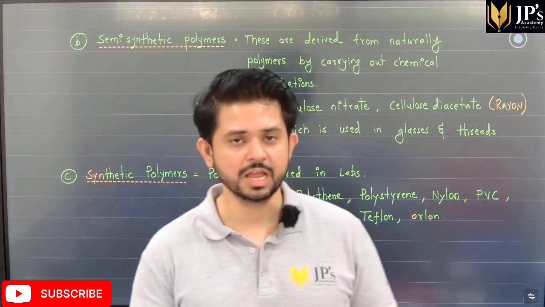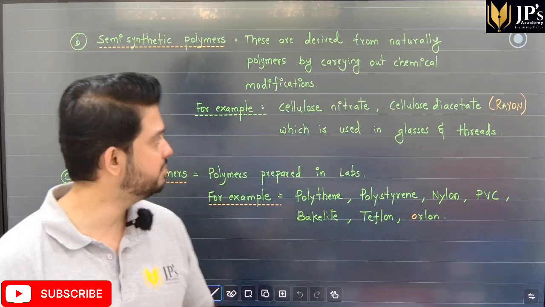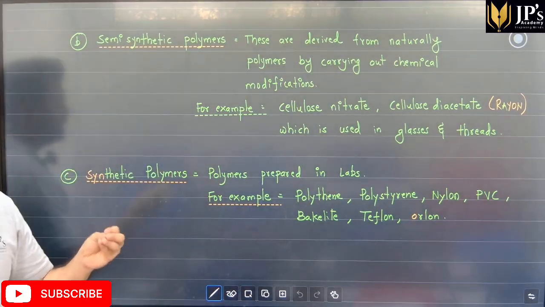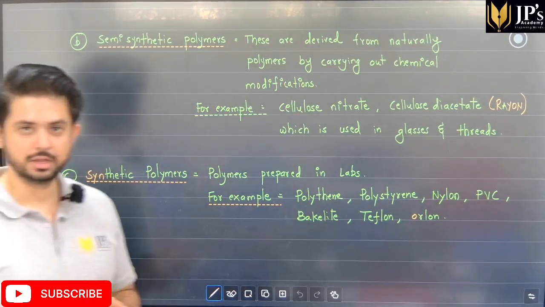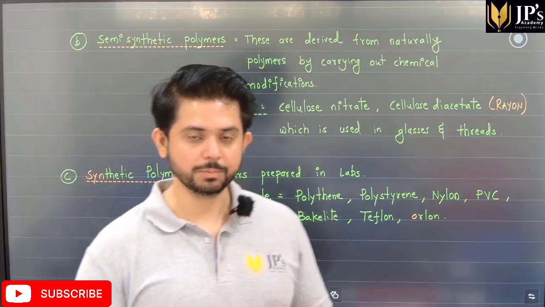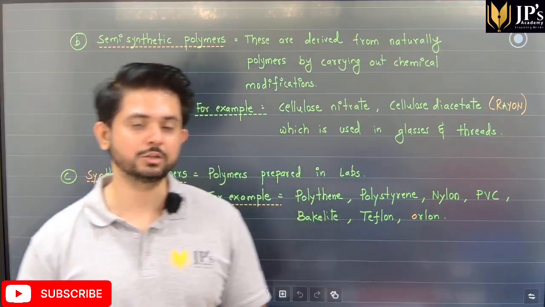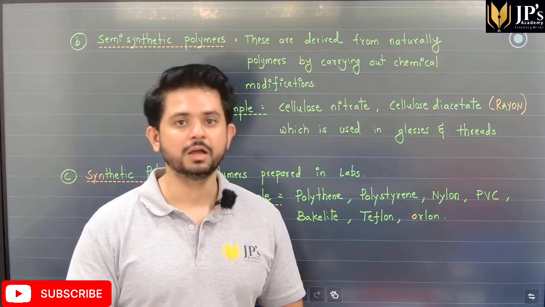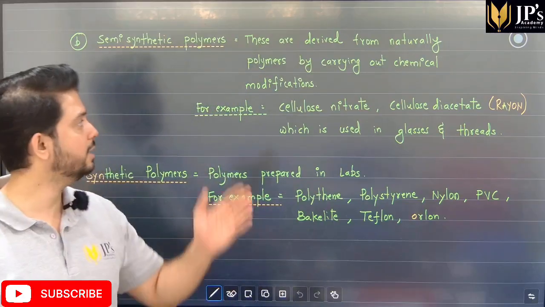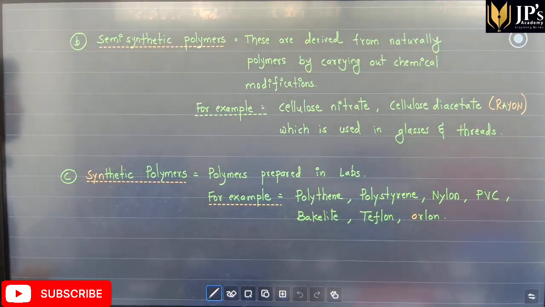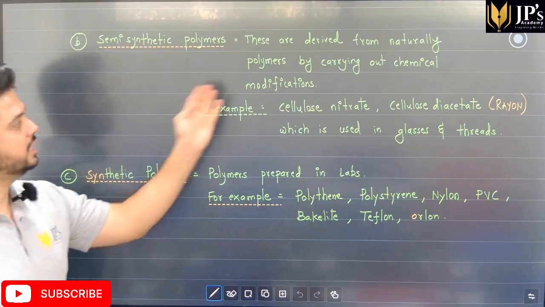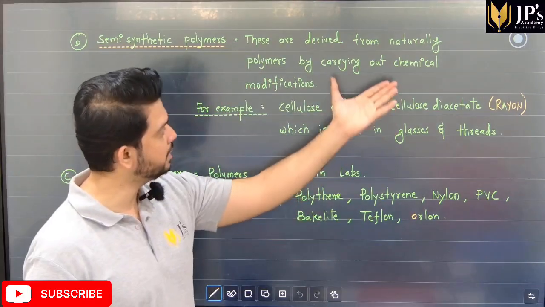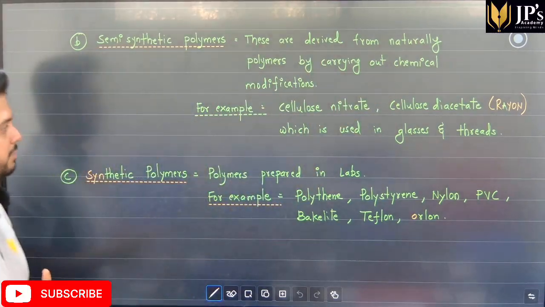Semi-synthetic polymers, students. For example, if we consider something like cotton, we use that to make clothes, but however you have to process that. So part of it is obtained from nature, part of it is synthetically modified in the lab. Such are called semi-synthetic polymers. So these are derived from nature, but we carry out some chemical modification.